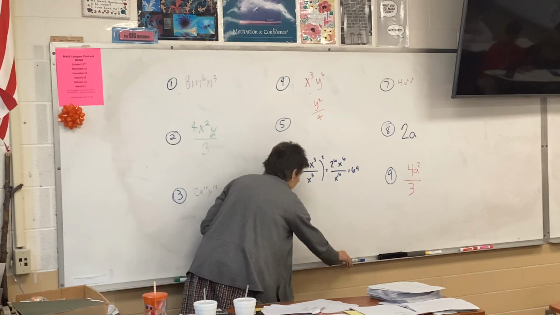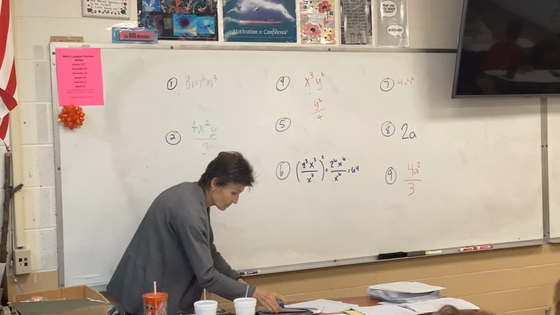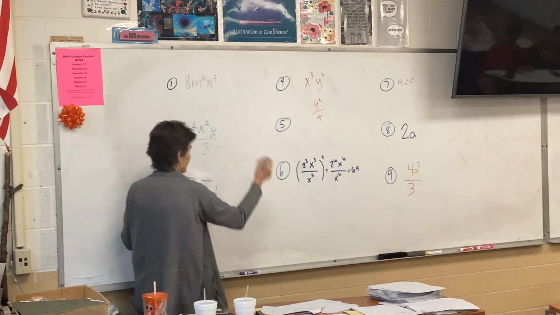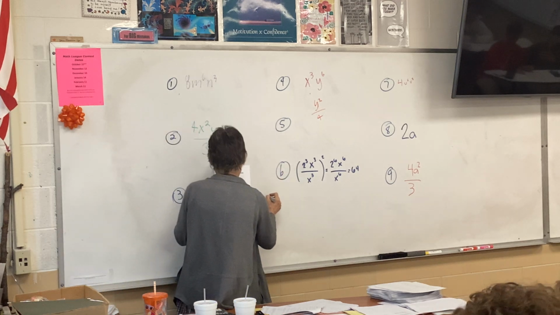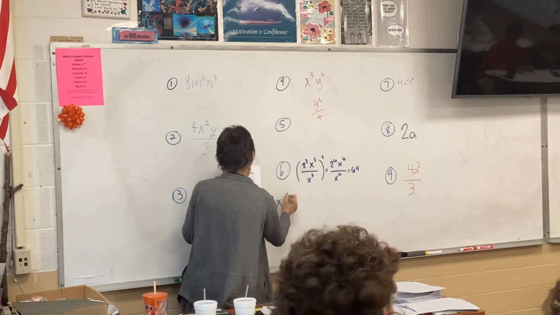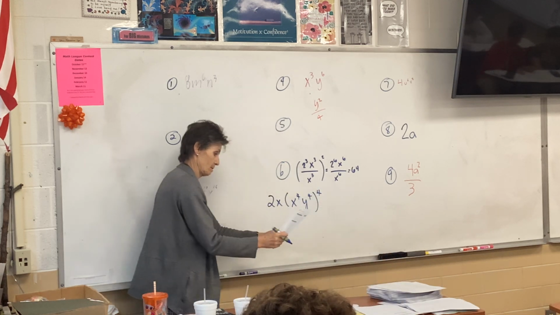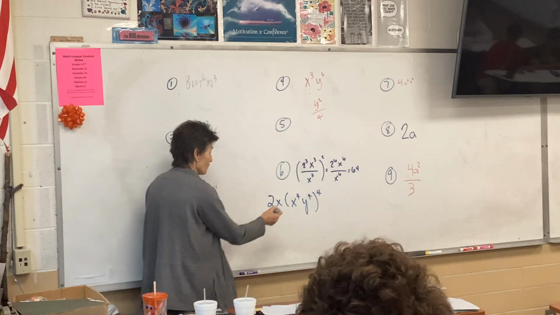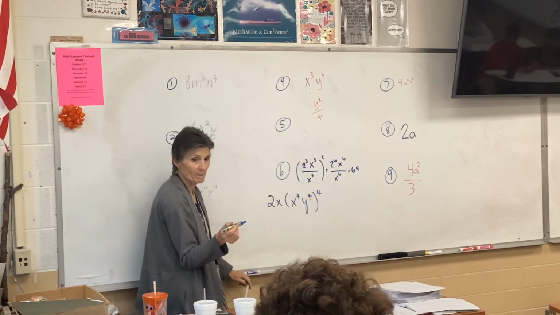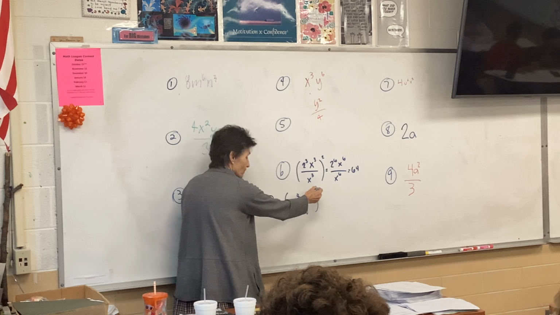So 3 is 2x, x to the 4th, y to the 4th, to the 4th. All right, so first thing we're gonna do, we're gonna follow PEMDAS rules, so we're gonna take care of this exponent first.